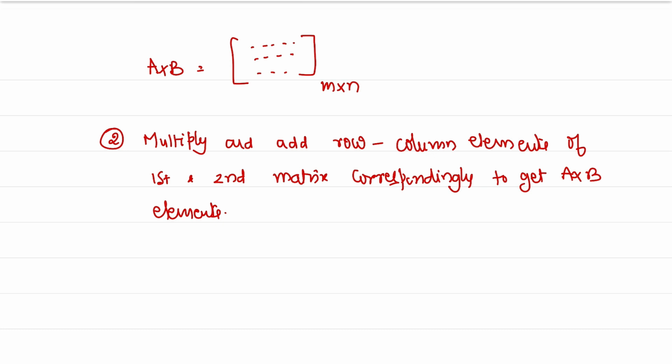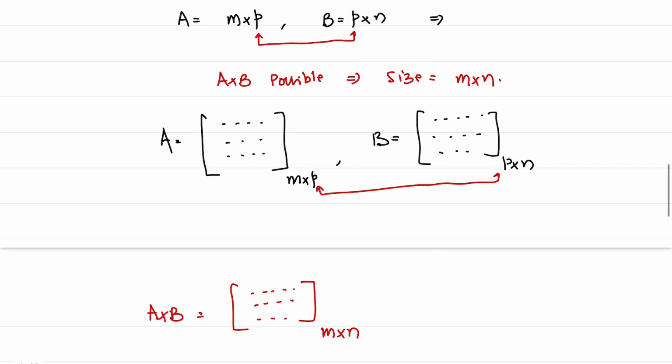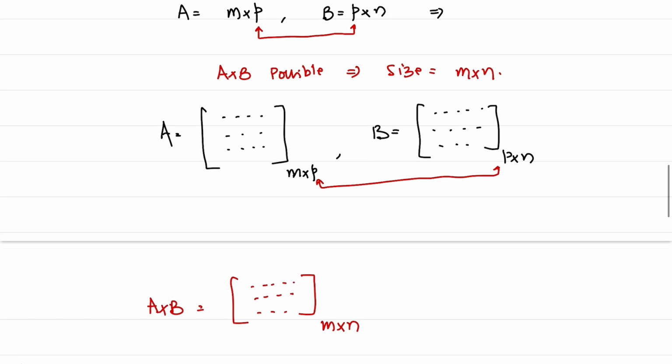And the third and most important property: A into B is not equal to B into A. Why? Here you see A is M into P size, B is P into N size. That implies AB is M into N size. What is the size of B into A then?